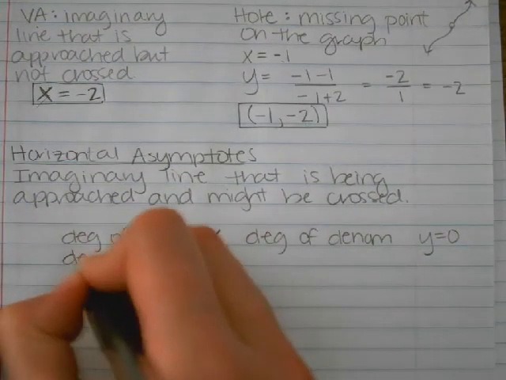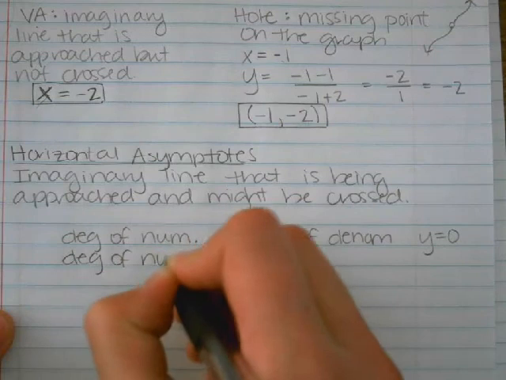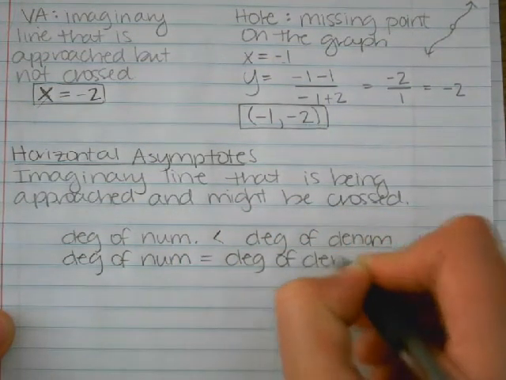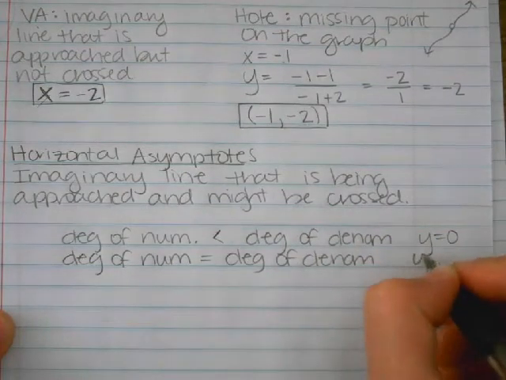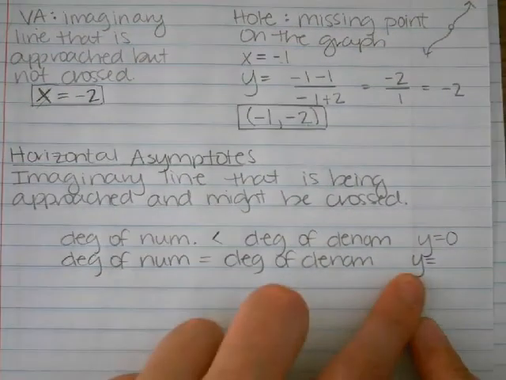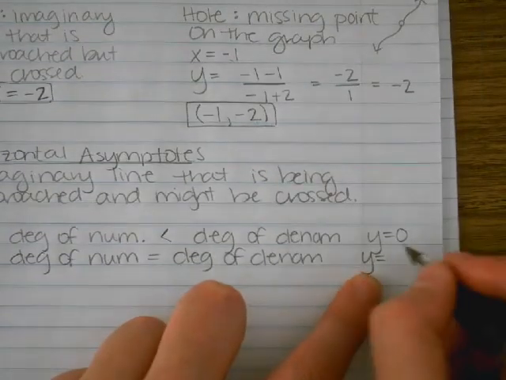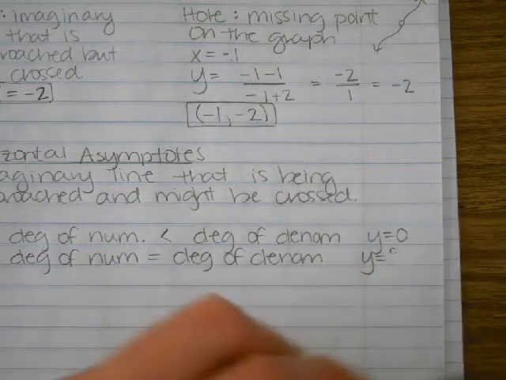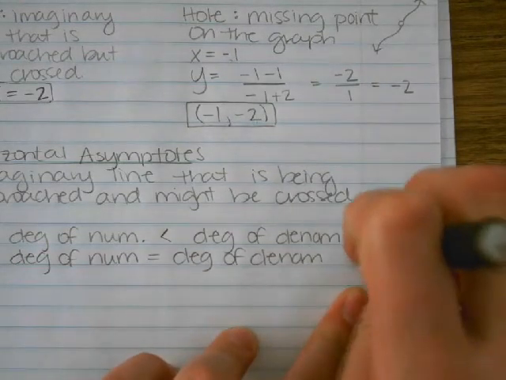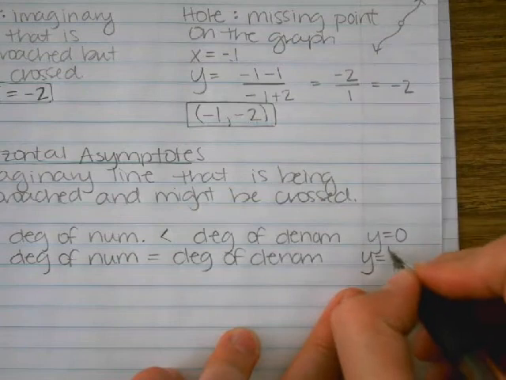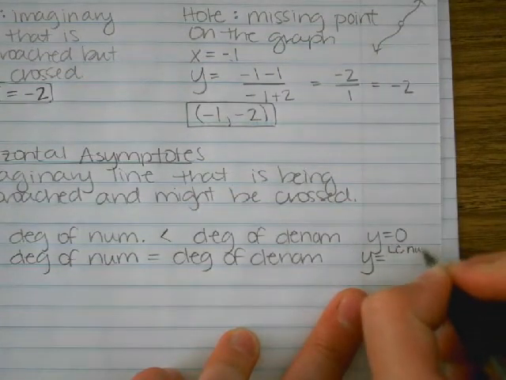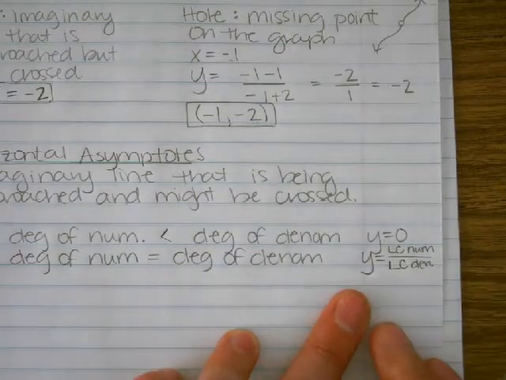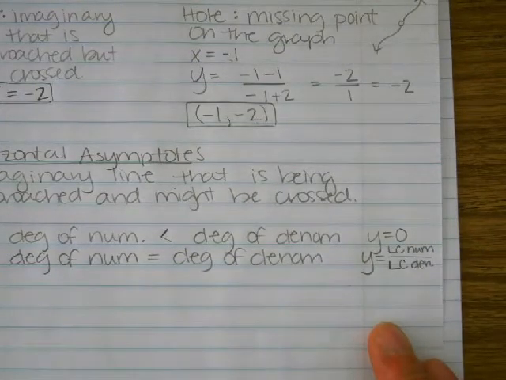The degree of the numerator could be equal to the degree of the denominator, and in that case, the horizontal asymptote is y equals the leading coefficient of the numerator, I'm going to put LC for leading coefficient, divided by the leading coefficient of the denominator. And we'll talk more about that in a second.